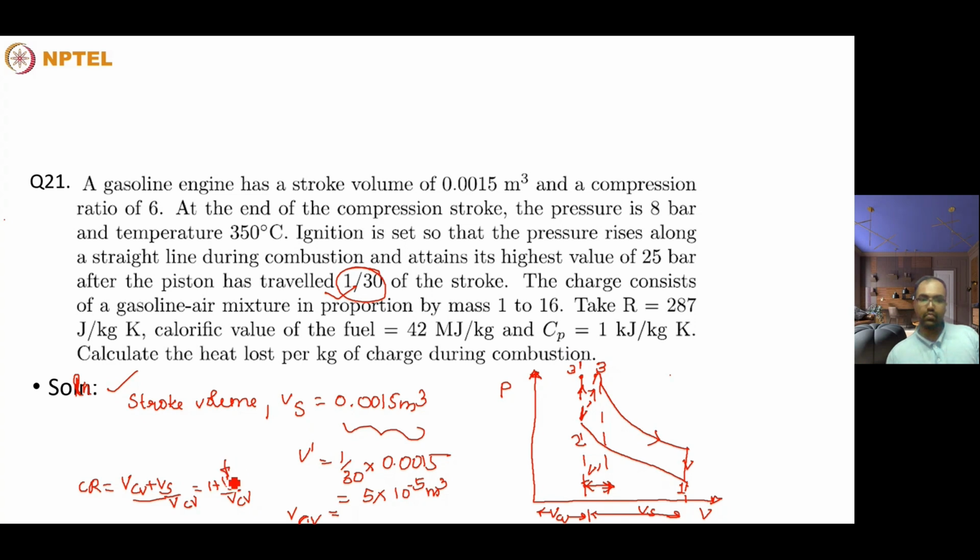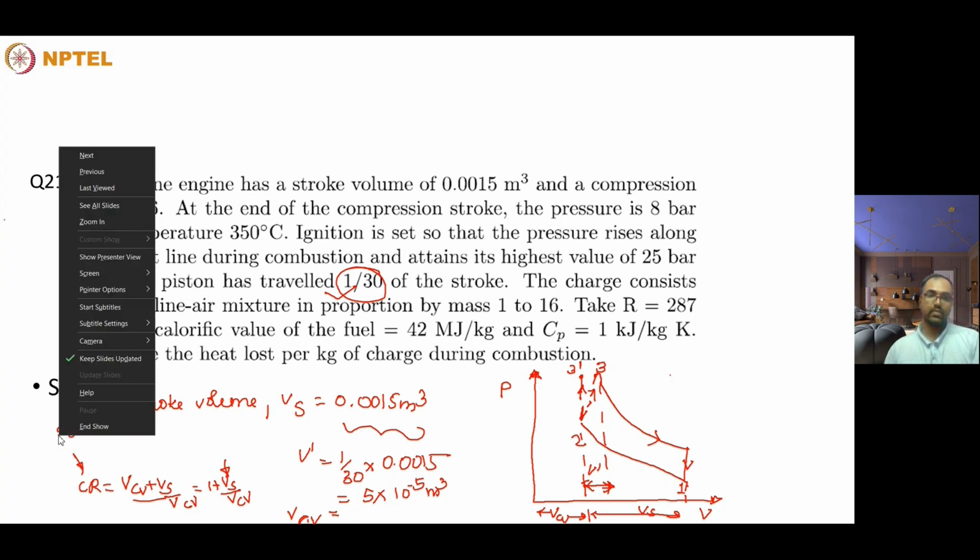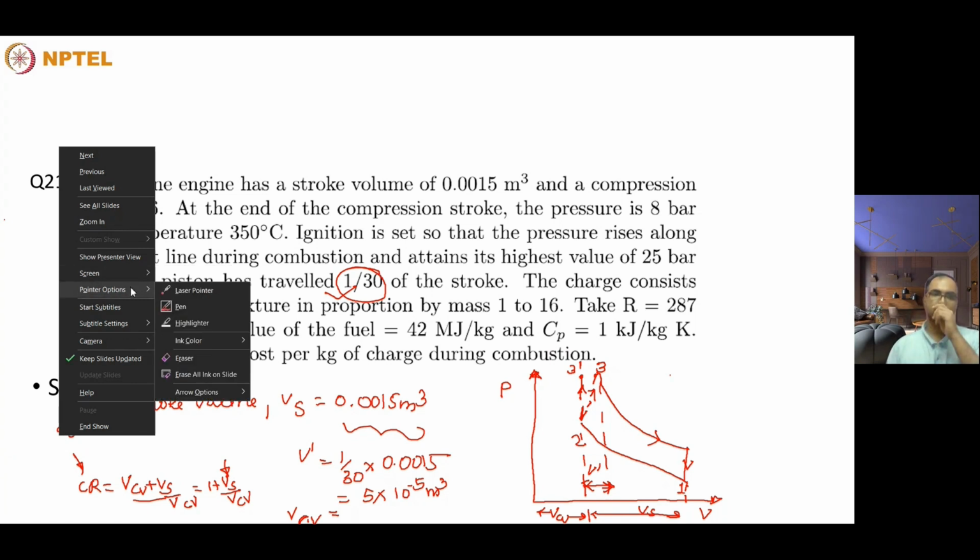We know the V stroke volume is 0.0015, and the compression ratio is equal to 6.